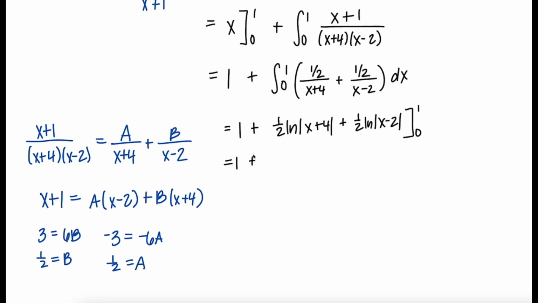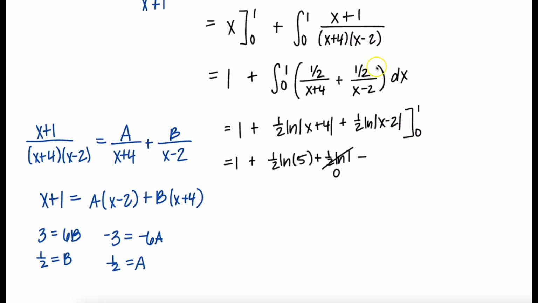So I'm going to leave that 1 there. Then I have 1/2 natural log of 1 plus 4 is 5, plus 1/2 natural log of, so 1 minus 2, that's negative 1, but in absolute value bars, that's positive 1, and natural log of 1 is 0. But I will go ahead and put natural log of 1, but that becomes a 0.